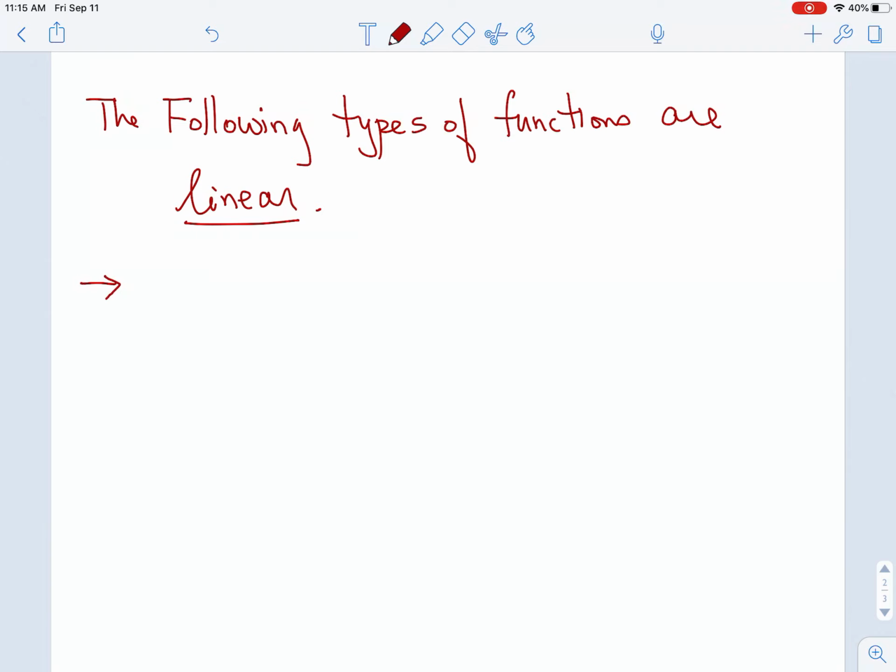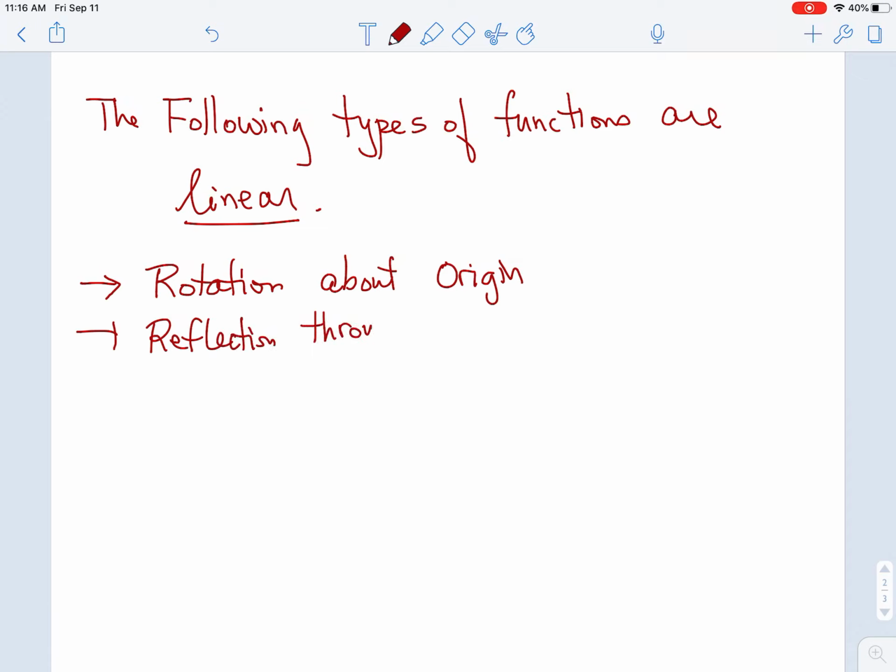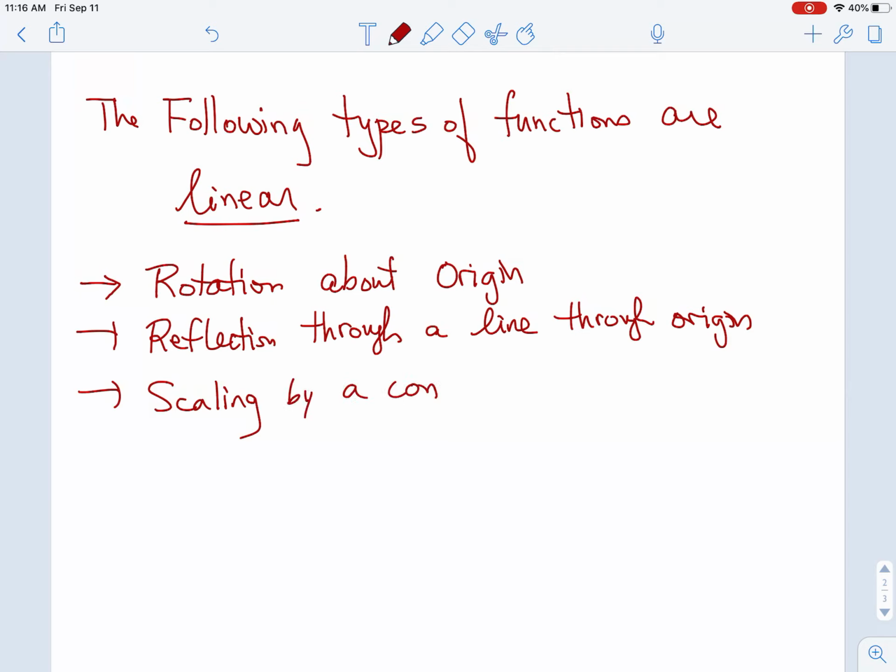And these are functions that have geometric descriptions: any sort of rotation about the origin, reflection through a line through the origin, any scaling, or scaling by a constant.